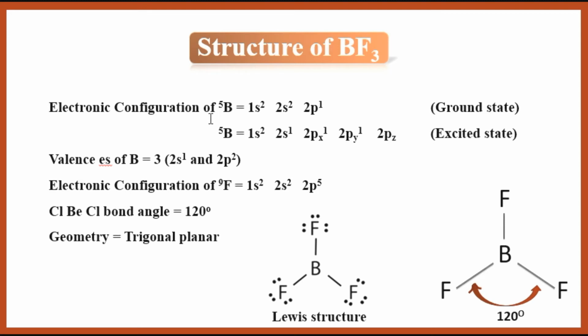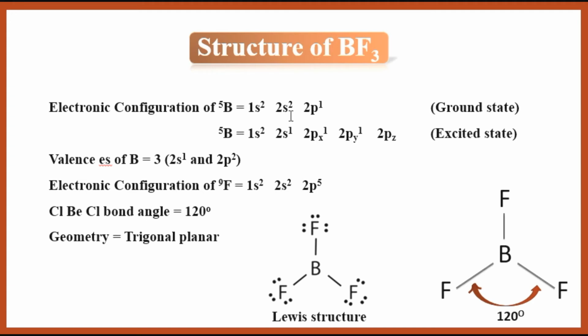Boron has atomic number 5, and the electrons are distributed with 2 electrons in the 1s orbital, then 2s2 and 2p1. In this way, the valence shell, that is the second shell, has the orbitals that contain the valence electrons in this case.